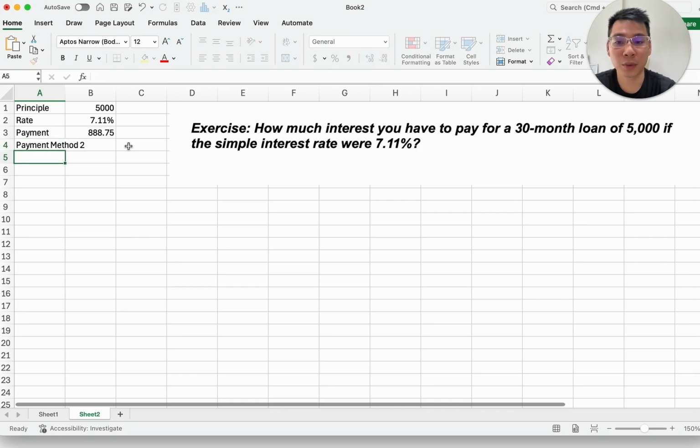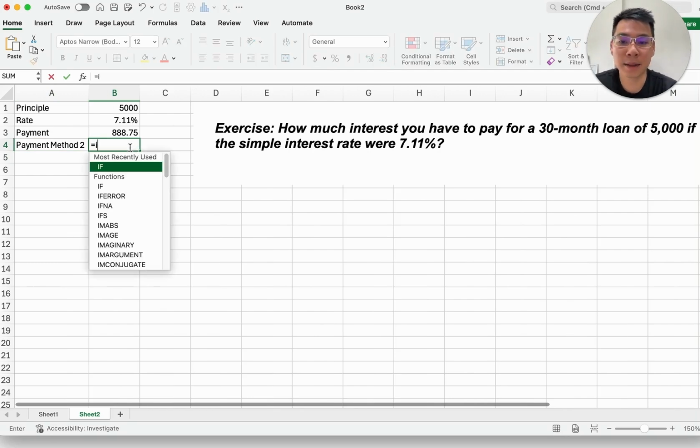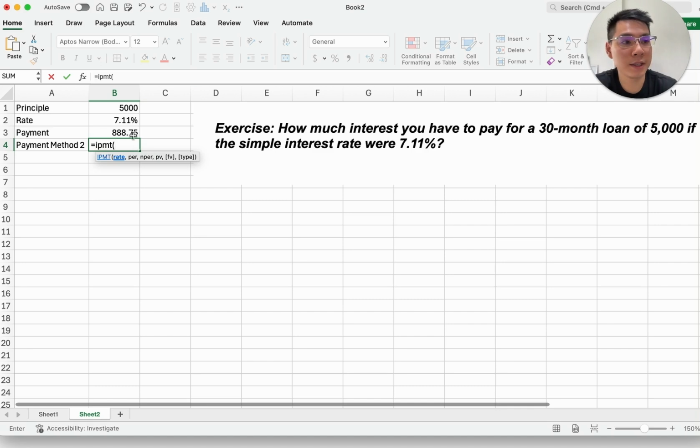Now, we also have another method, Method 2, which uses the function in Excel, the IPMT again. In this case, we still have the rate of 7%, but remember, we are dividing it over 12 months, so it changes a little bit. The period is each period we are paying, over 30 periods. The present value is going to be 5,000, and then the future value we're paying for.